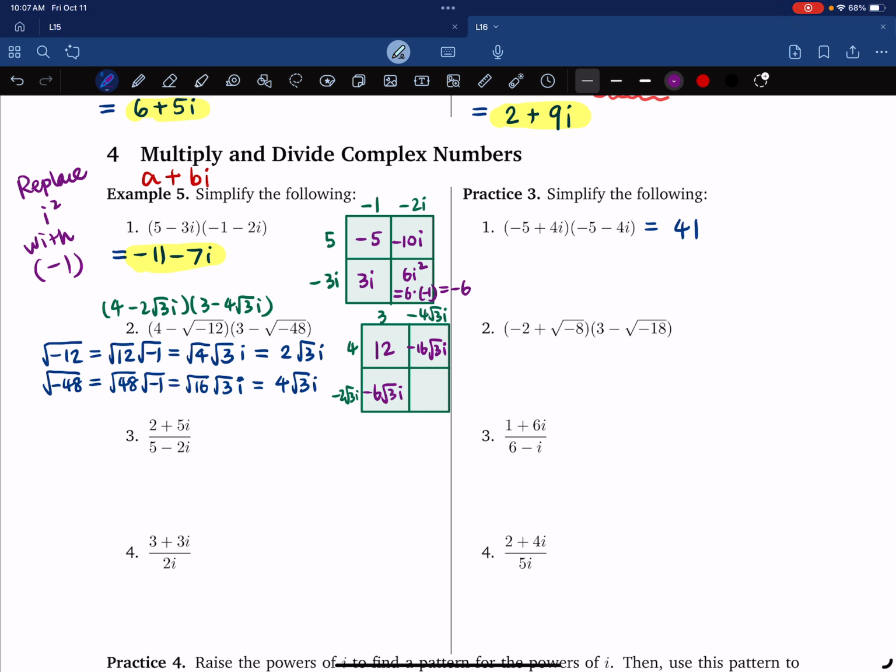And for the last one, you have to be a little bit careful. Negative 2 radical 3i times negative 4 radical 3i will give me positive 8, and then positive 3, and then i squared, which is negative 1. But let's write down i squared first. So this is 24i squared, which is 24 times negative 1, and that is negative 24.